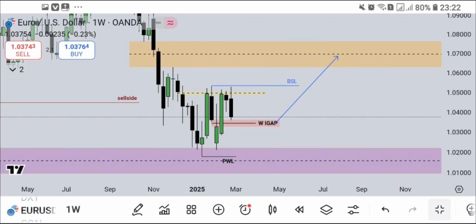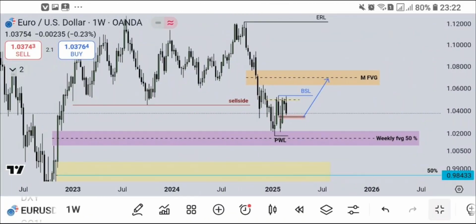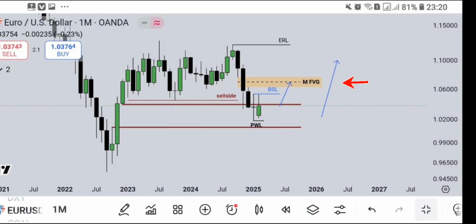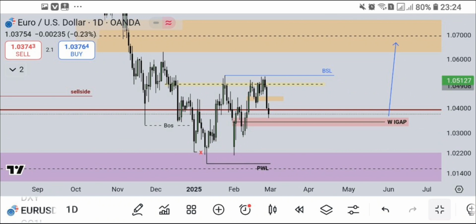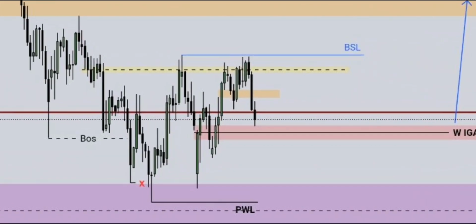As you can see, weekly inverse gap to the monthly FVG. This is the monthly FVG I was talking about. So, and I shared the screenshots from scaling from the higher time frame to the lower time frame. Hope you get.